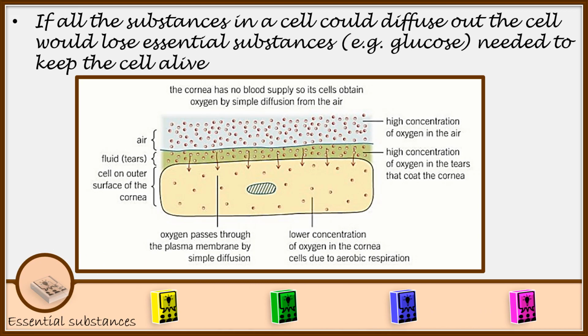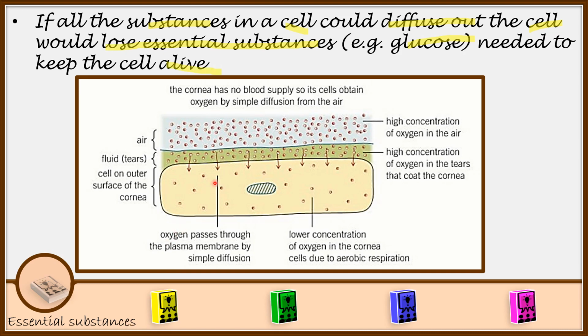If all substances in a cell could diffuse out of the cell, it would lose essential substances like glucose needed to keep the cell alive.